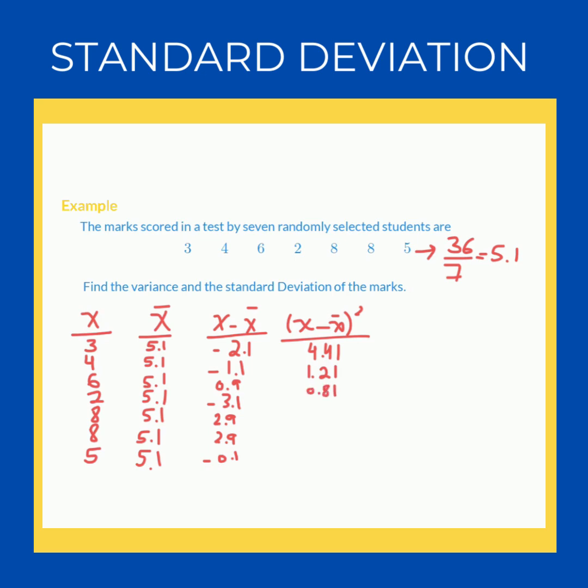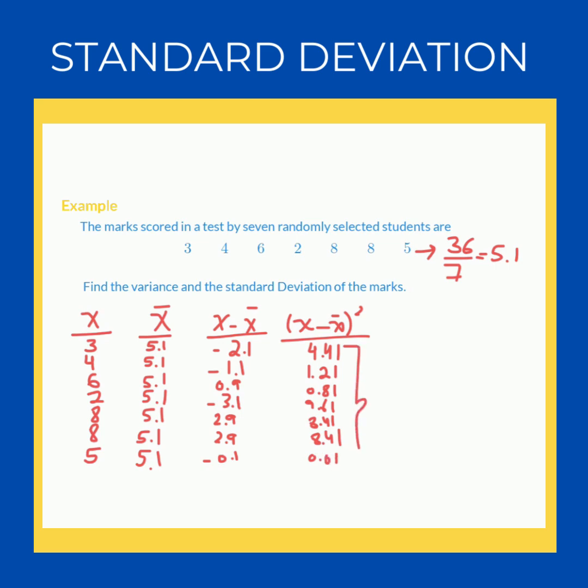Negative 3.1 squared is 9.61. 2.9 squared is 8.41, and 0.1 squared is 0.01.